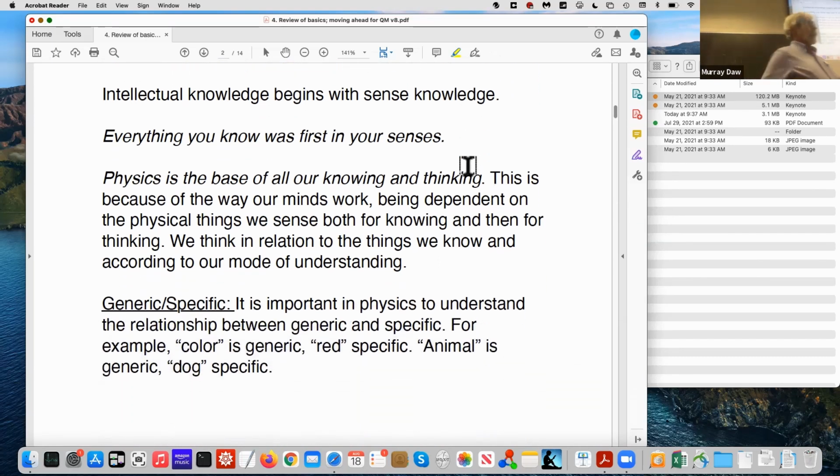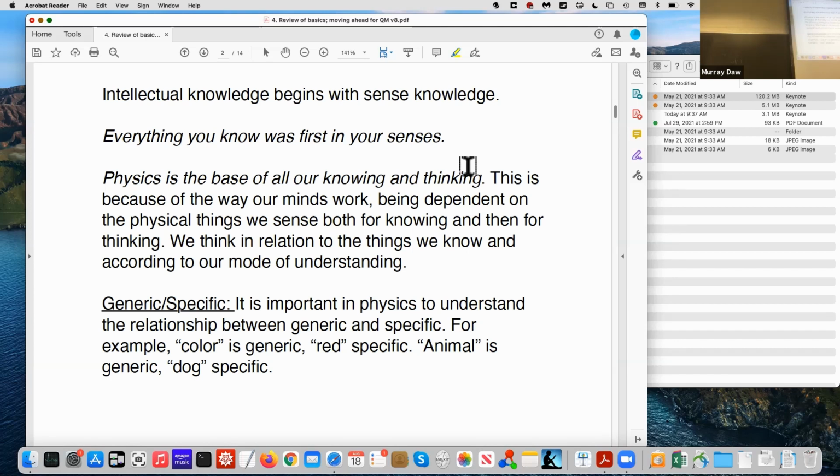So physics, for that reason, is the base of all of our knowing and our thinking. That might surprise you. And it surprised me the first time I heard it, but it's true. And I can prove it to you. I can demonstrate it to you. It's going to take longer to do than we have in this class to prove some of these things to you. I'm planting seeds, and we can talk about them later.